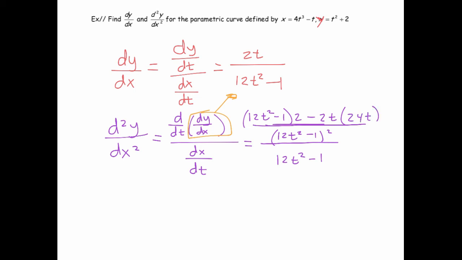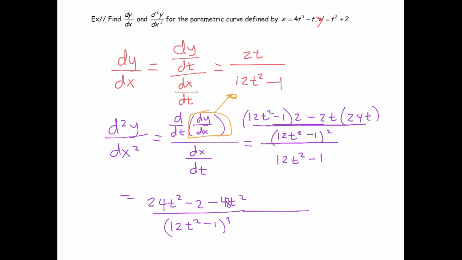Alright, so again, we took the derivative of that whole term, and our final answer ends up being, well, we've got a (12t squared minus 1) cubed in the bottom now, and I've got 24t squared minus 2 minus 48t squared.